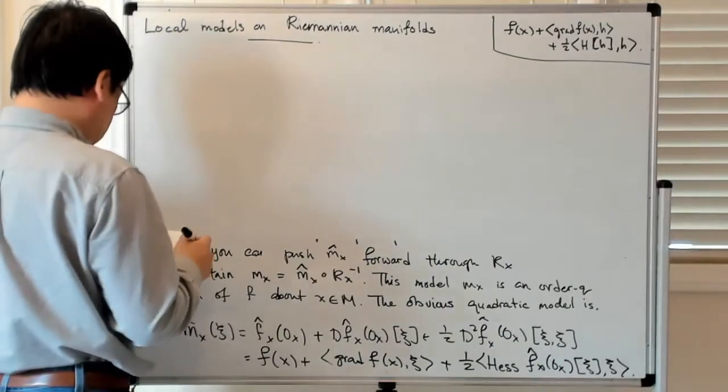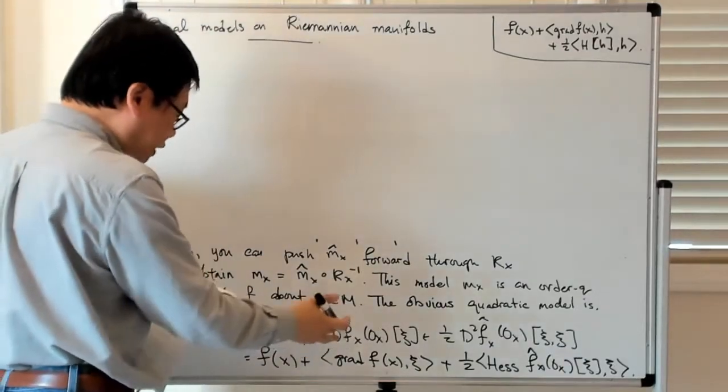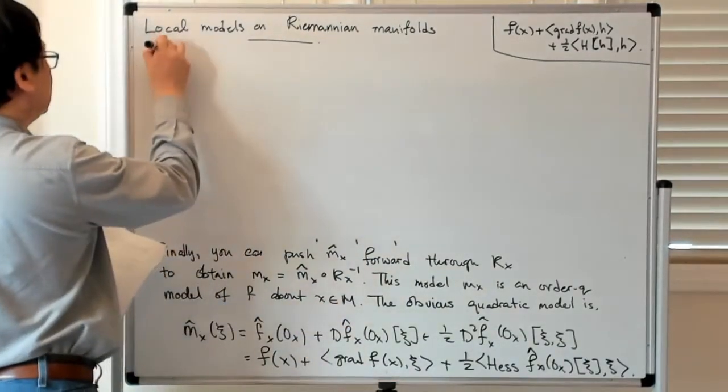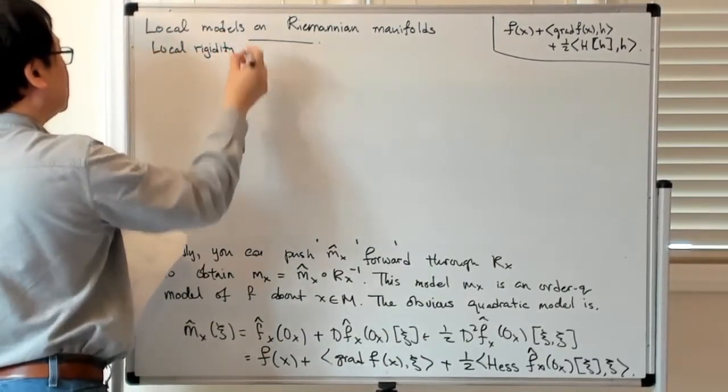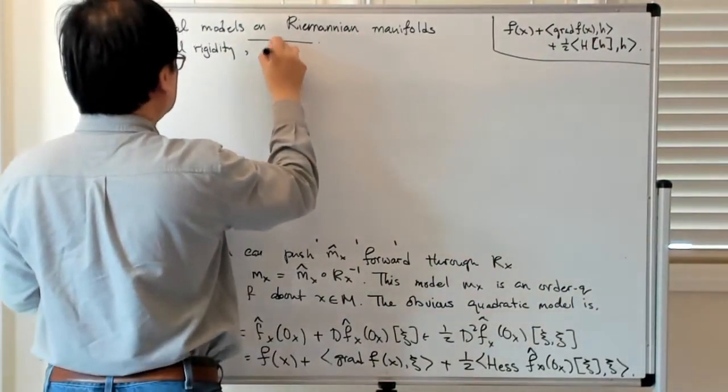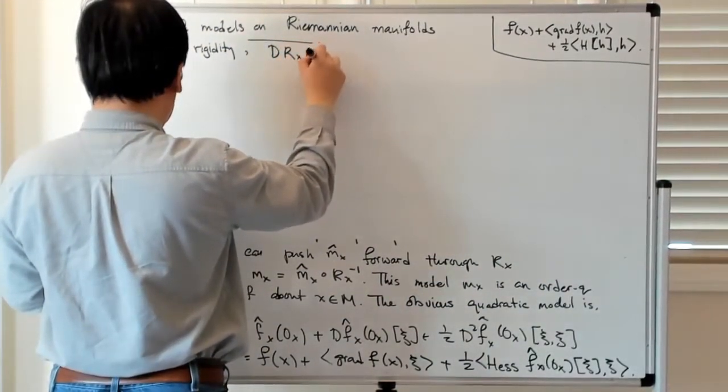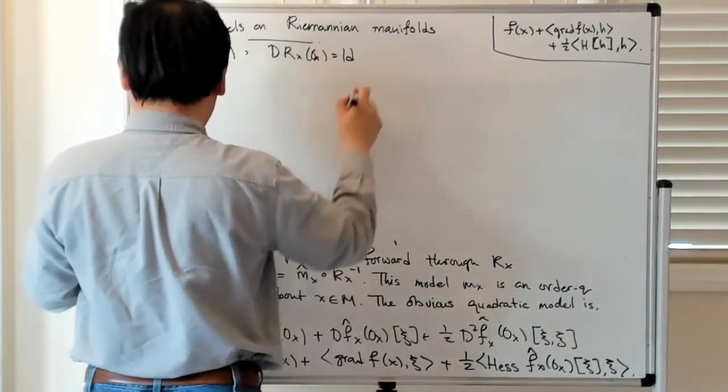So as before, we have this local rigidity property, which basically means that the differential of Rx at 0x is the identity. We had already talked about that.